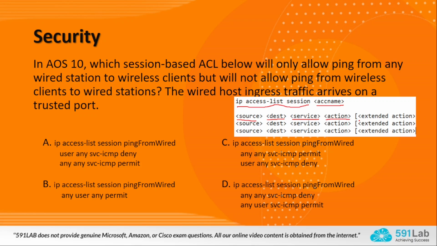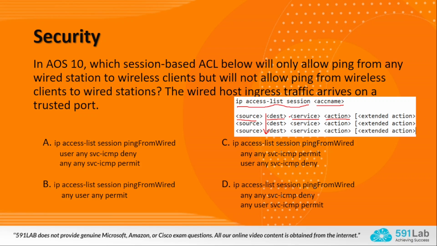Extended actions are more actions apart from permit and deny, for example logging certain hits. Similarly, you can define multiple rules. There's an implicit deny all at the end of the ACL rules. Rules are evaluated from top to bottom. Once a rule is matched, it won't do further evaluation. So more specific rules should be listed first.